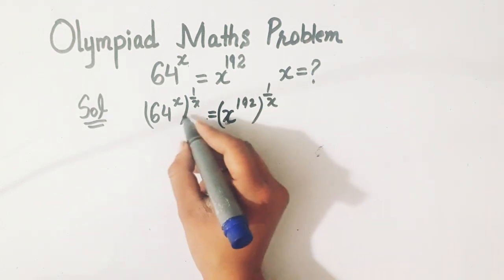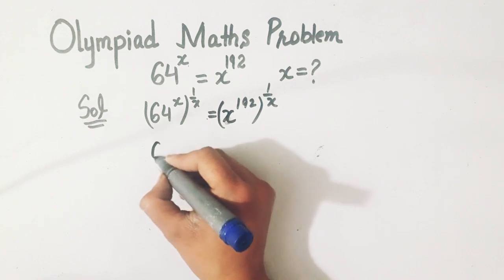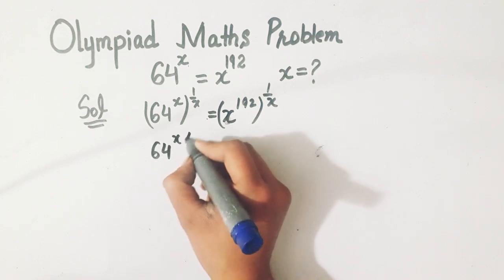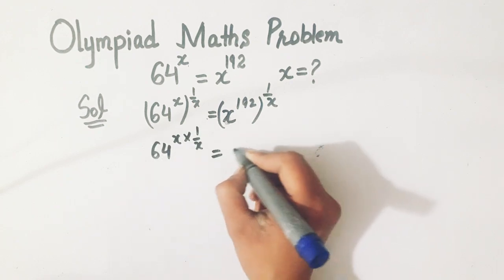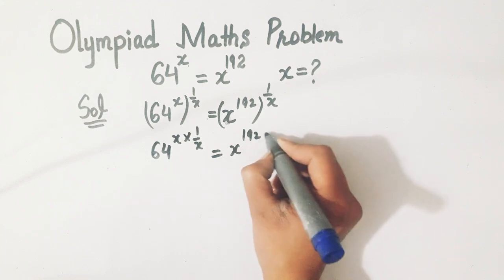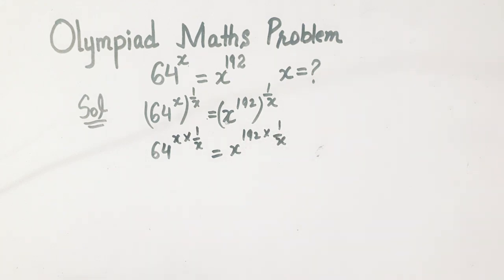Now x and 1 by x are multiplied: 64 power x times 1 by x, and x power 192 times 1 by x.